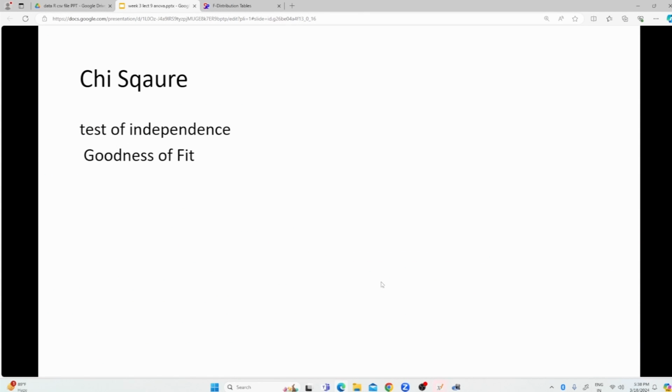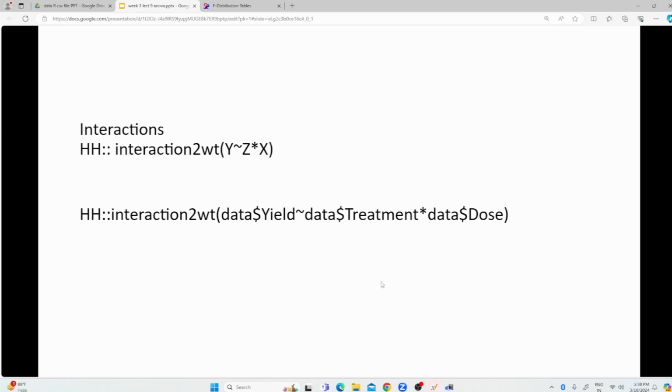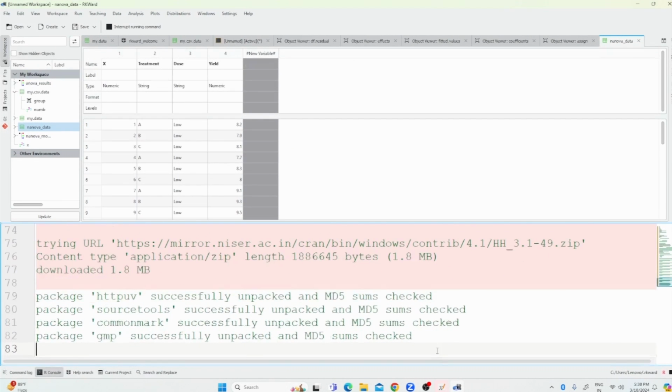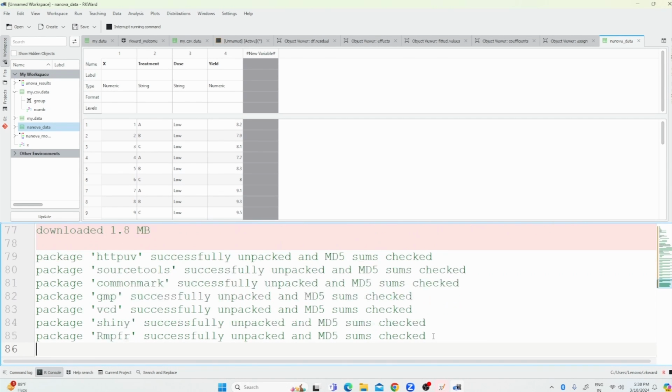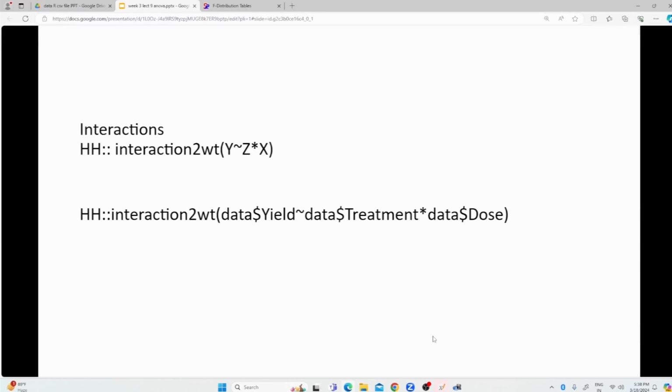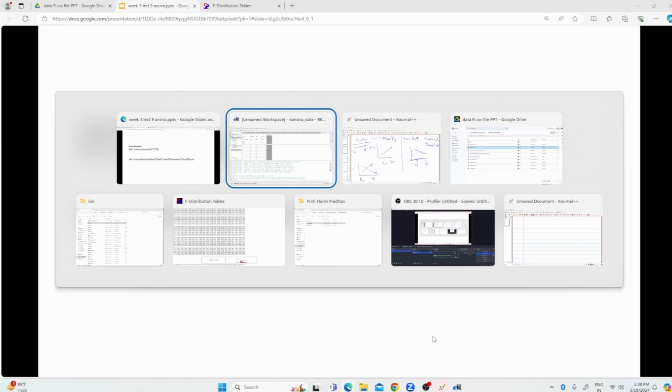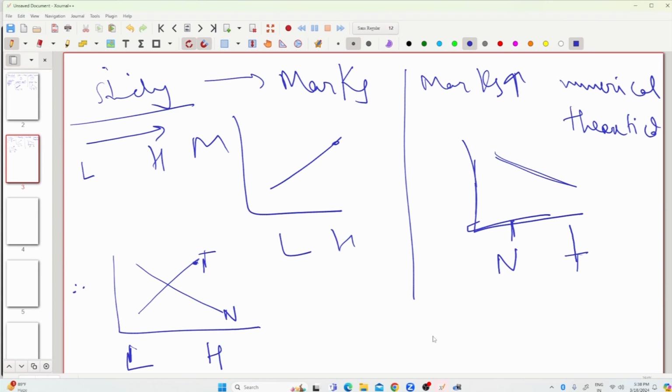So, please understand, this is what we are trying to do, interaction effect. We are trying to study interaction effect, and I will show you there are two ways. Please see, how do we write it? Y dependent on Z and X. Now, X on Z or Z on X, because here if you see our photo, here I drew low and high of the study hours on the X axis.